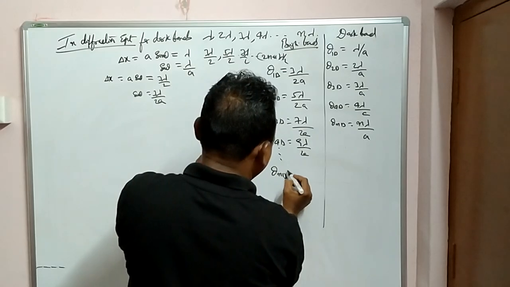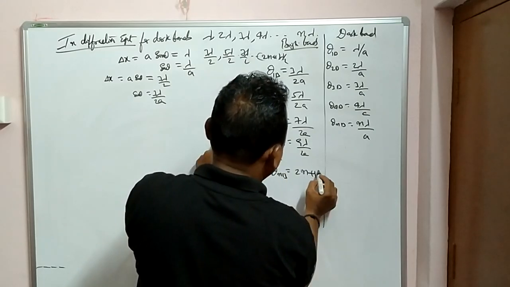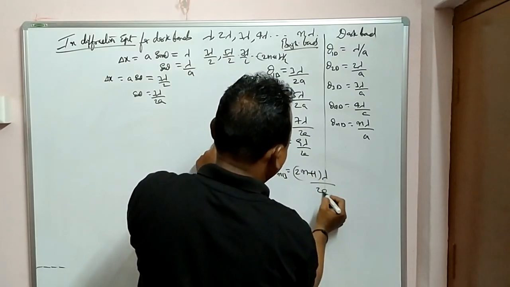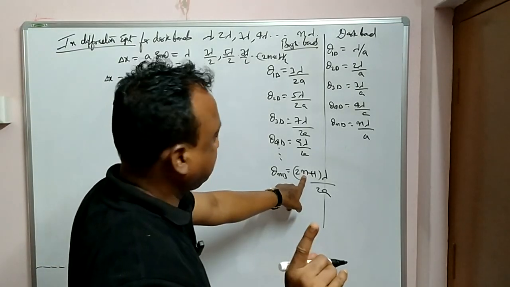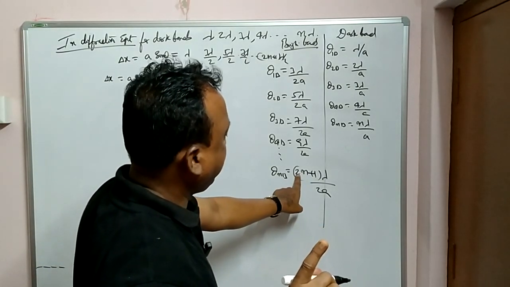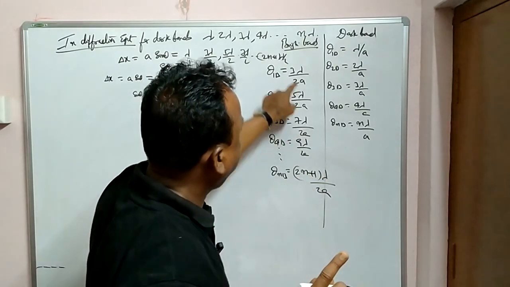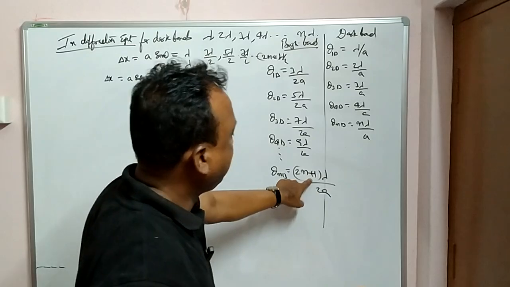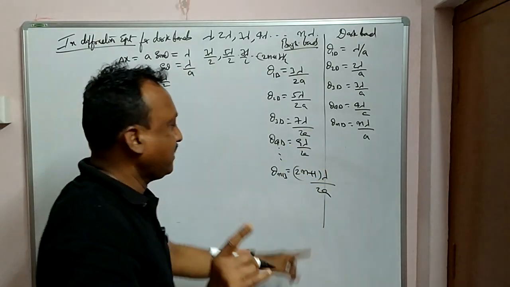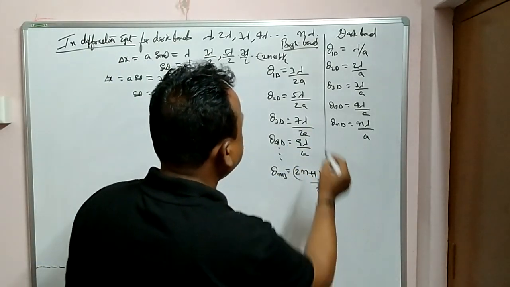Nth bright, 2n plus 1 into lambda by 2a. Why am I writing this one? Put n equal to 1: 2 into 1 is 2, plus 1, 3 lambda by 2a. You want the second one, put n equal to 2: 4 plus 1, 5 lambda by 2a. You want the third one, put 3: 6 plus 1. So this is the pattern.